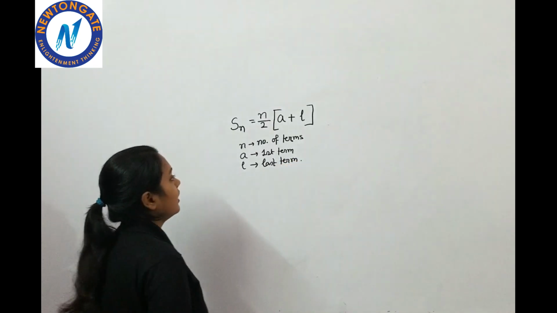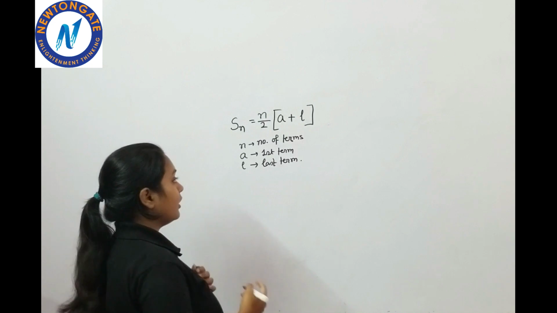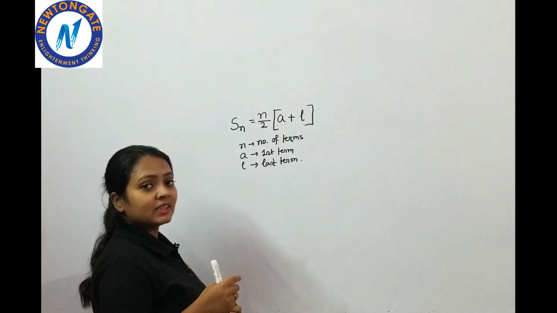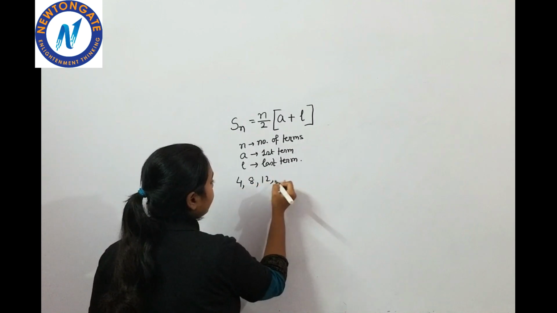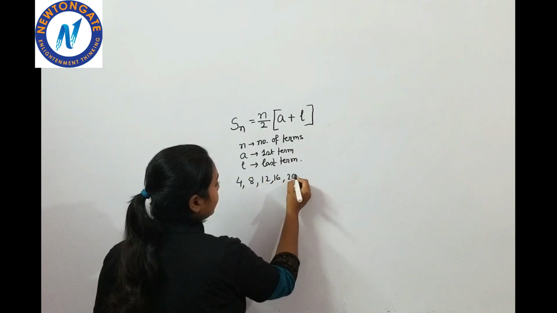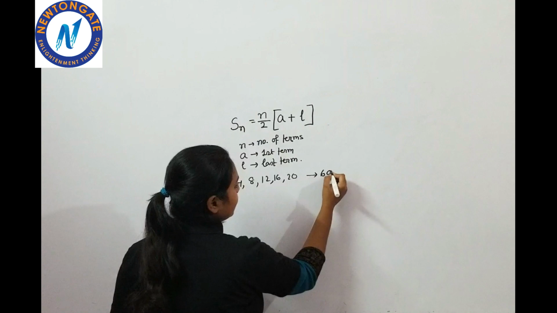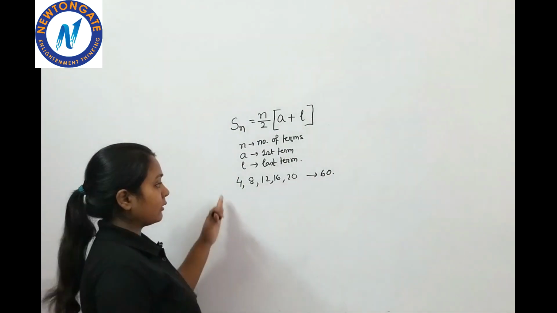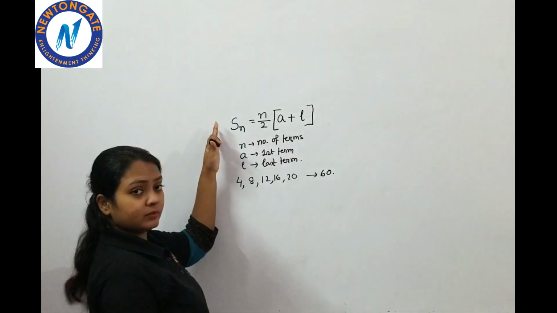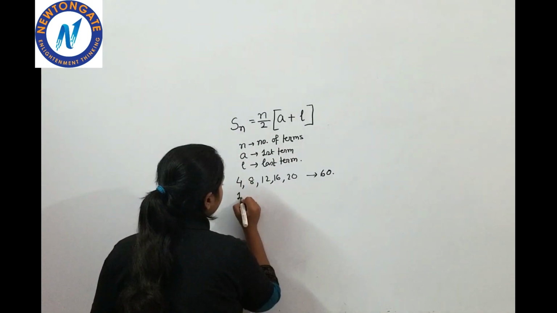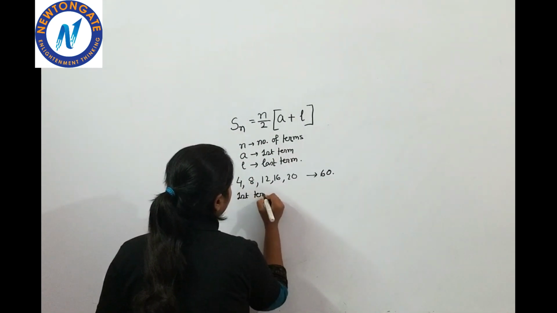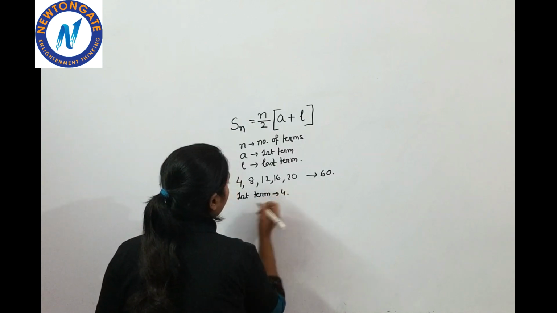Okay. In the previous example, we saw that the sum of 4, 8, 12, 16, 20 is 60. Now we calculate the sum from the second formula. The first term is 4.